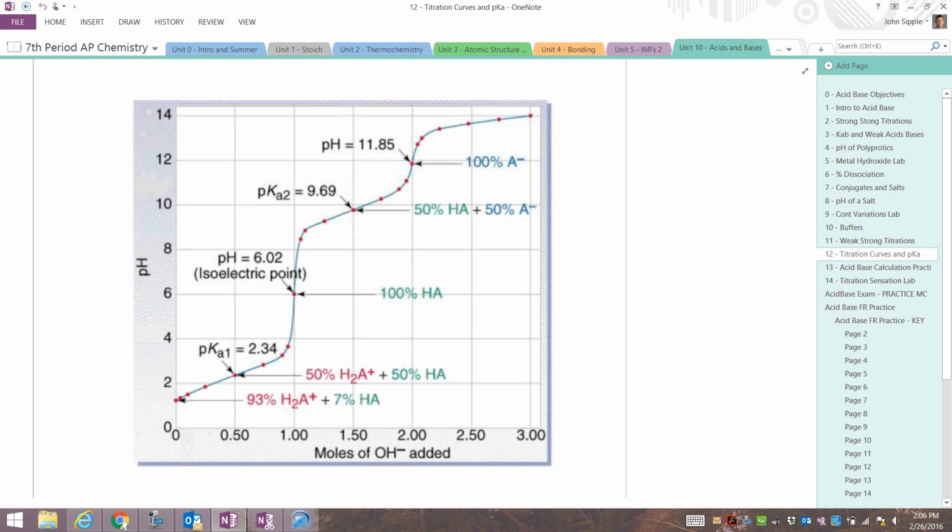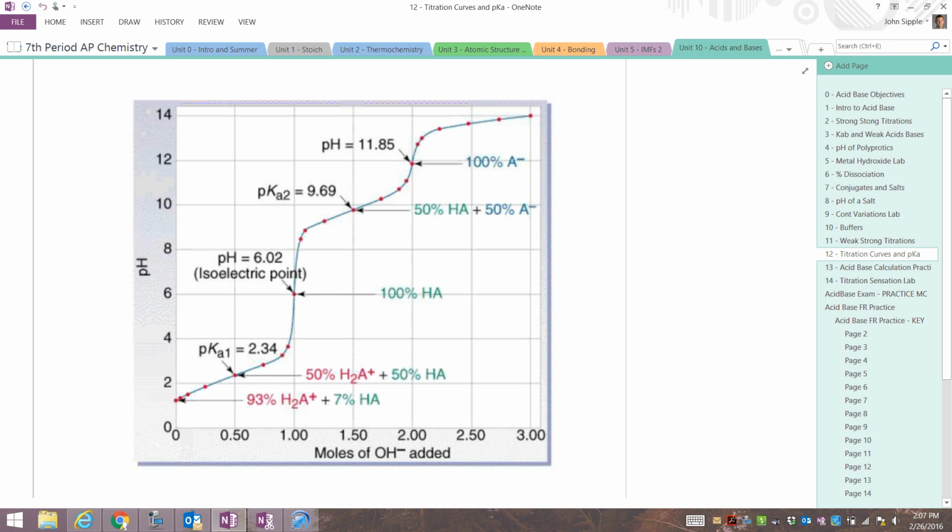It all gets converted into one thing, and then the next equivalence point. So this is the second half equivalence point right here, and the second equivalence point. Everything's been converted all the way to A minus there, all the way to the conjugate. That's a good little graph.